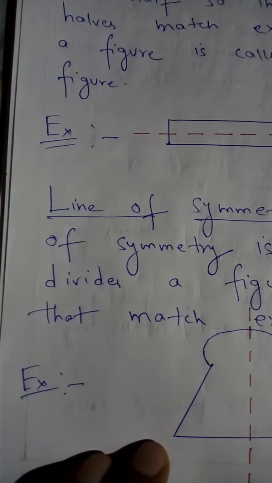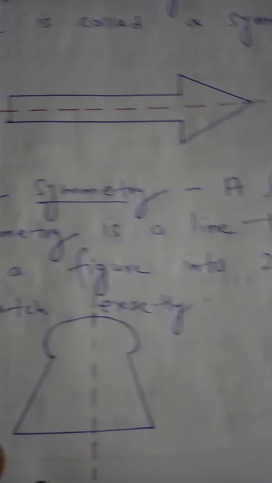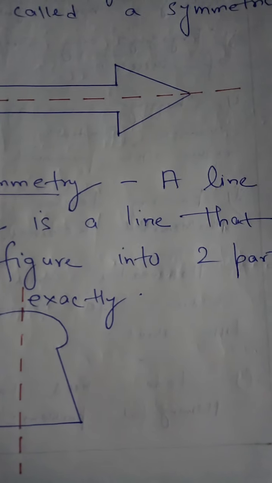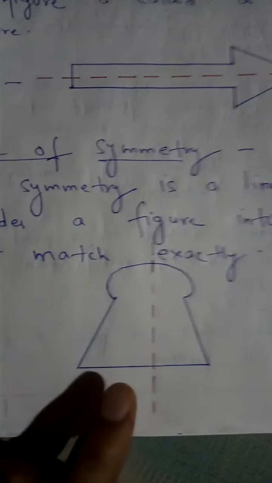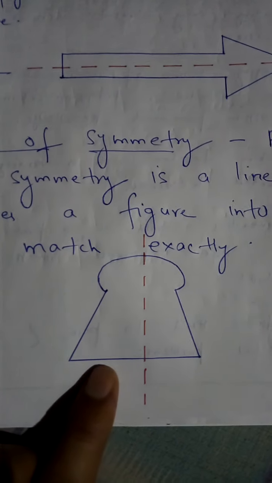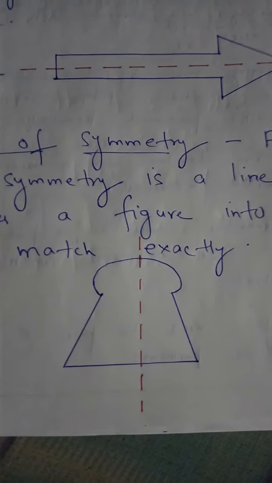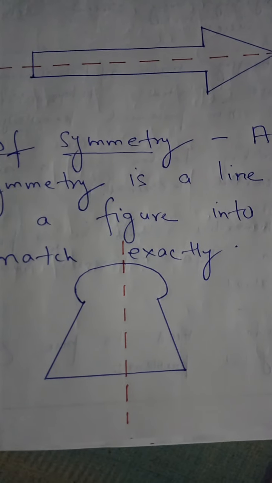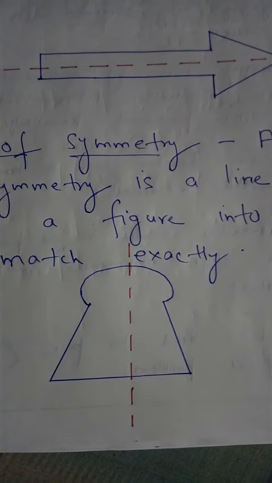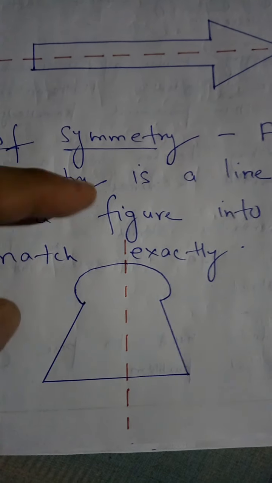Again, one figure I have drawn. Here it is any figure. So what will be the line of symmetry? That means you have to draw one line which divides this figure into exactly equal halves. So this is the figure. Again, I have drawn with the red pen this vertical dotted line. This line divides the figure into two parts, this part and this part.